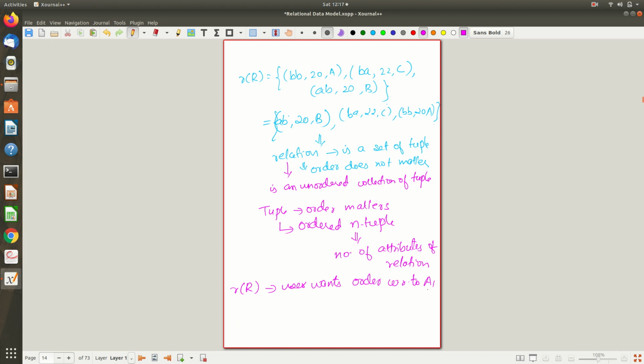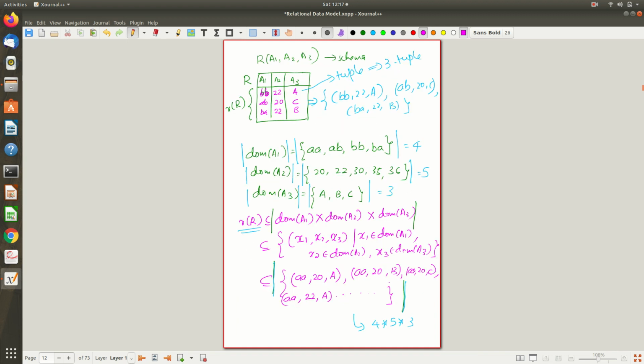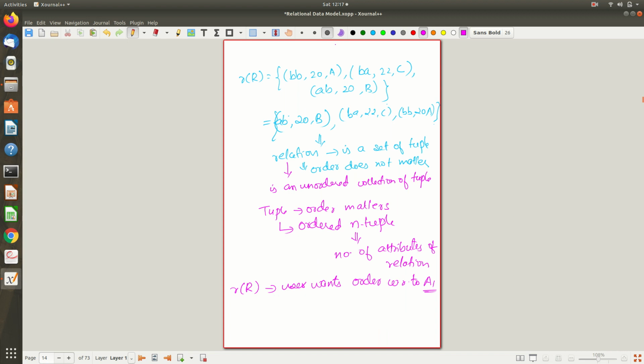Remember, I assumed attribute A1 to be the name of the person, A2 the age, and A3 the grade. It is a random example, but I am trying to give a meaning.